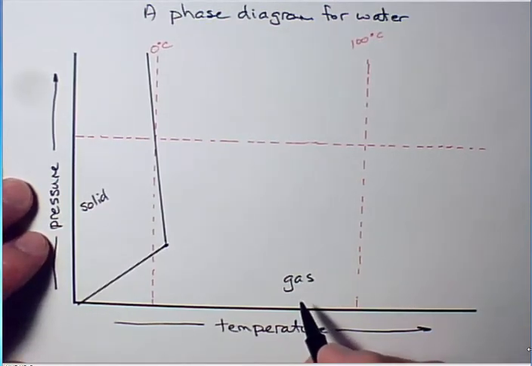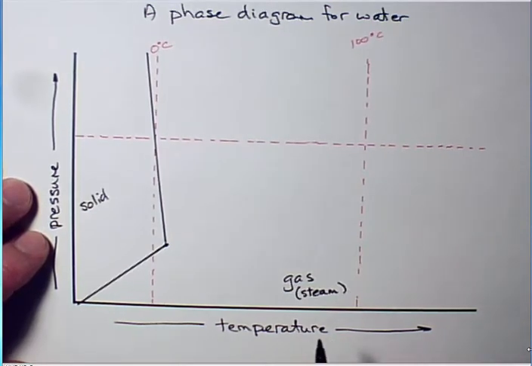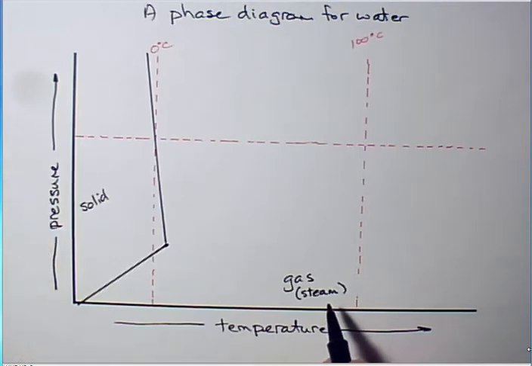Actually, since it's water, we have a special name for water in a gas phase. What do we call it? Steam. Okay, that's only true for water. Water's called steam when it's a gas. Now, there's water vapor in the room right now, but this is not steam in here.